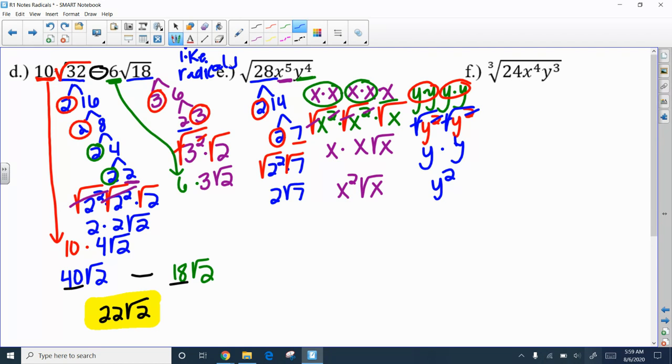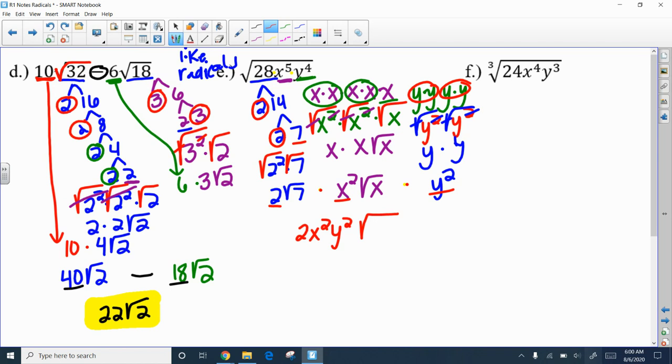Okay, now in my original problem, these three terms were multiplied by each other, 28 x to the fifth, y to the fourth. So they're still multiplied by each other here. So the way we're going to write this all together is, since I'm multiplying these together, anything that's on the outside gets multiplied together. So on the outside, I would write that as 2x squared y squared.